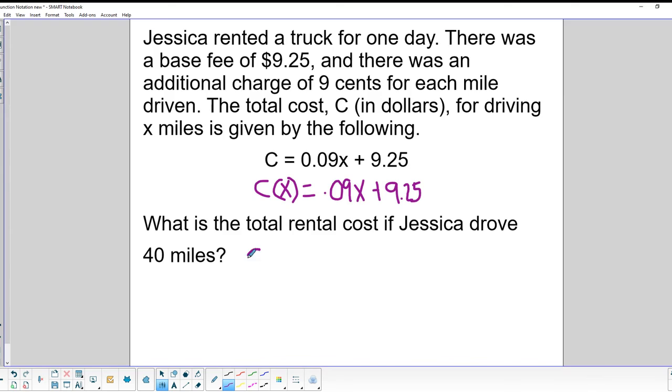Now, what is the total rental cost if Jessica drove 40 miles? So when we plug it in using the function notation that we've been talking about, we write it like this. Equals 0.09 times 40 plus 9.25.